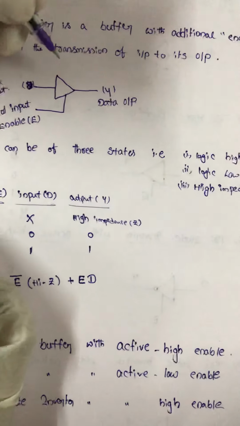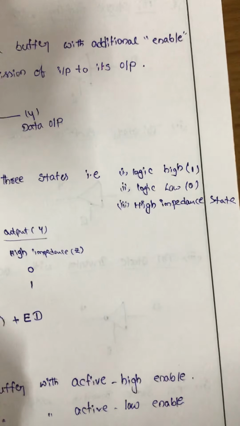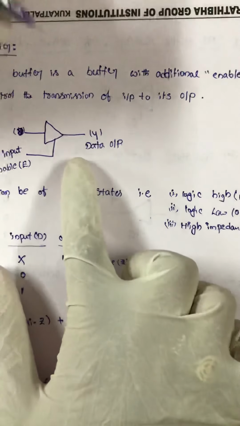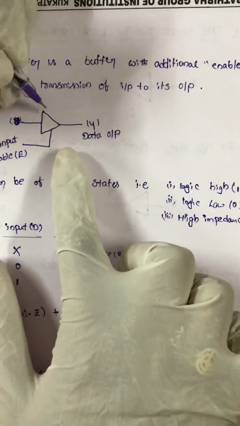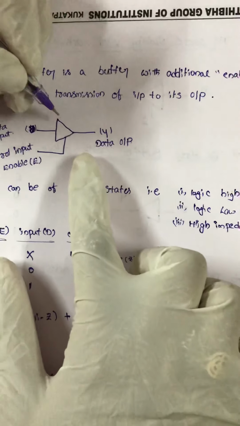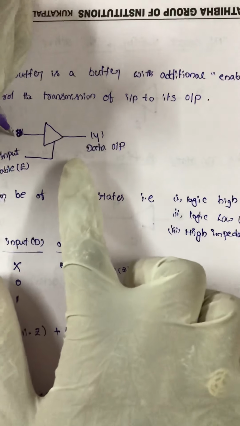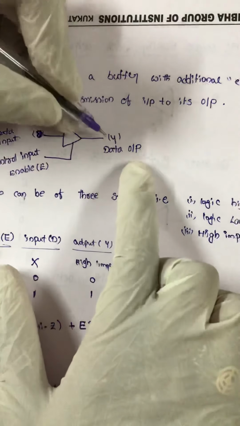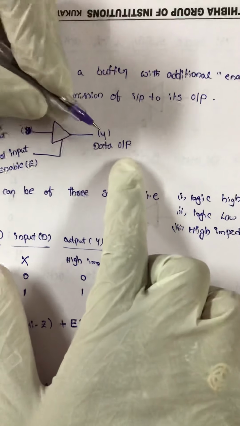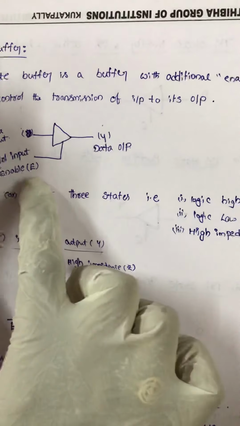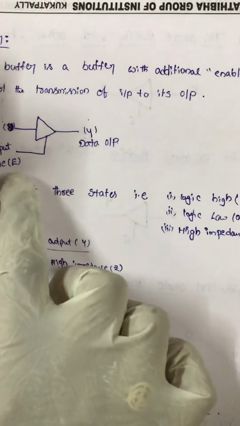The tri-state buffer is represented symbolically like this. Here we can observe one data input, represented by D, and one data output, represented by Y, and an additional input, that is the enable.